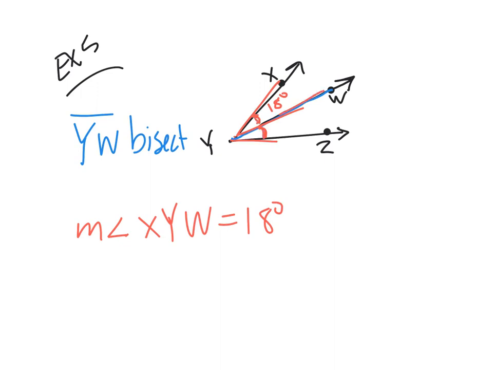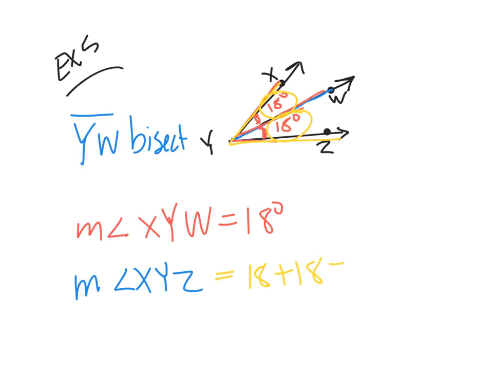Well, it's the same mark, so we know that it's also 18. So then if they ask you what the measure of XYZ is, well, that would be the outer one. All you have to do is add these two angles. So we're going to say 18 plus 18, which would be 36. So the measure of angle XYZ is 36.